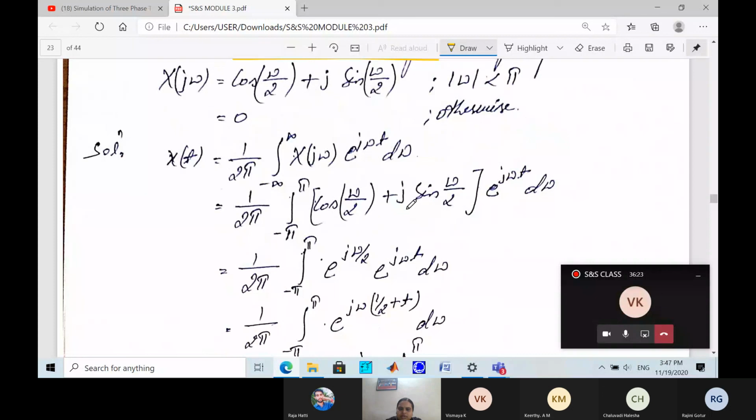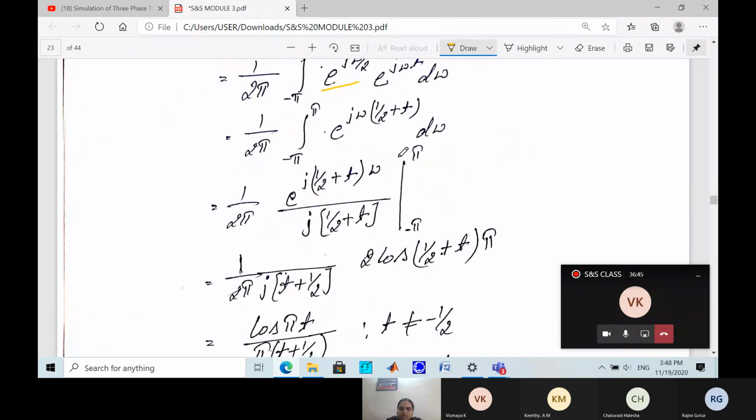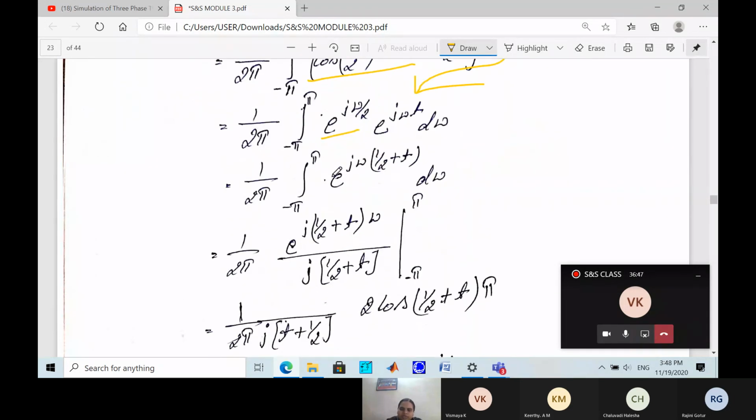What I can write for this is e raised to j omega by 2, since cos theta plus j sin theta is e raised to j theta. These steps are almost the same as what we have done, that is e raised to j omega times 1 by 2 plus t.